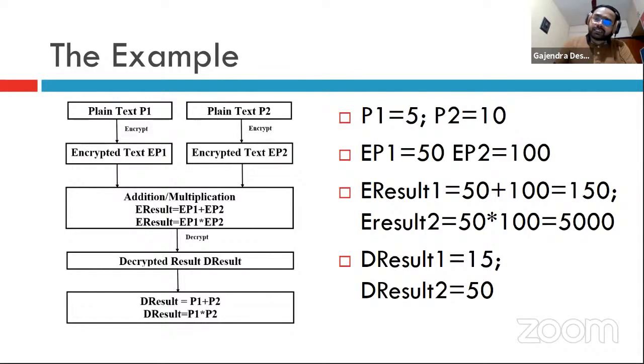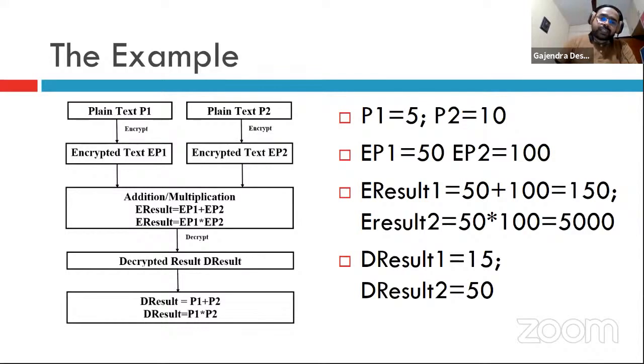When you multiply the ciphertexts, you will get 5000. But now when you decrypt the results, you will get the result of addition as 15 and the result of multiplication as 50. Now you can see here this D result 1 is the same as P1 plus P2 and D result 2 is the same as P1 into P2.